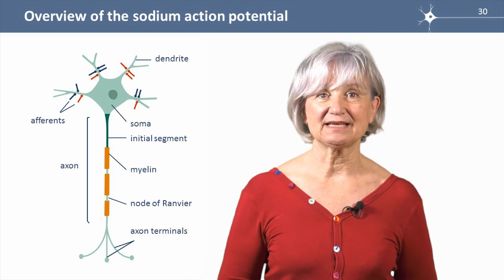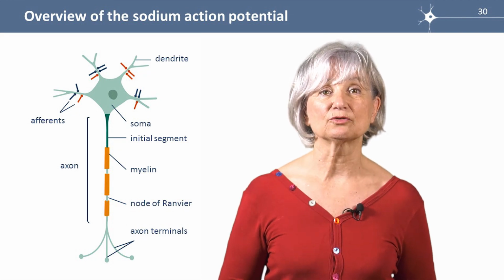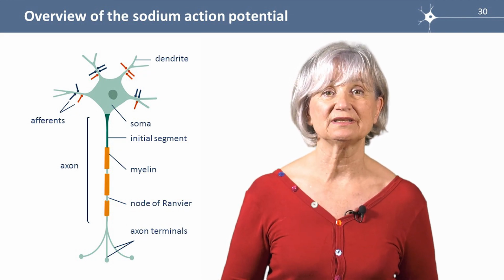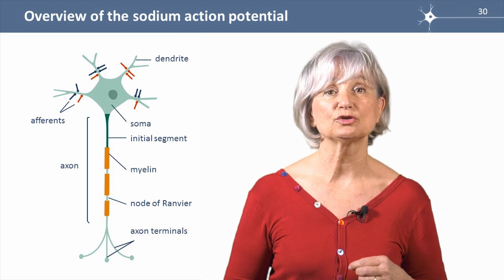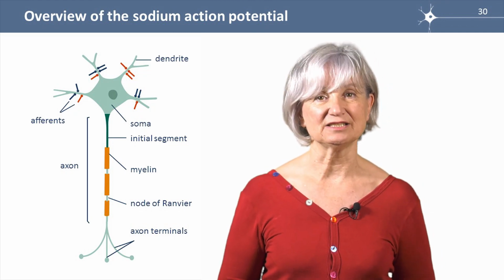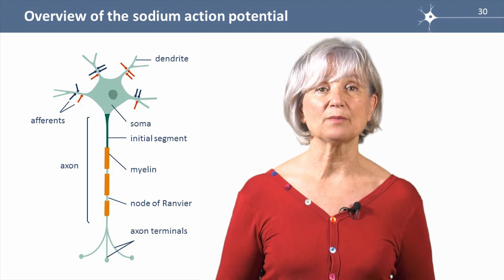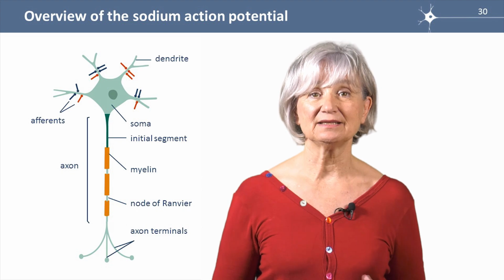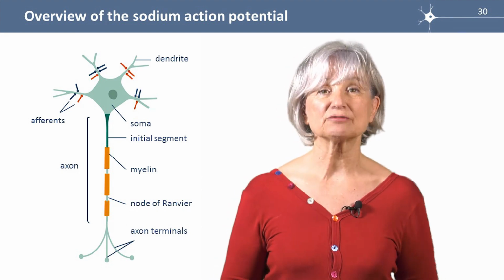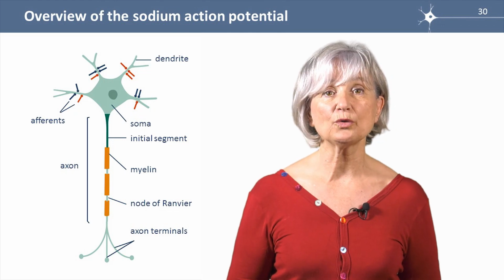It propagates in the axon and not in the dendrites, because in the great majority of neurons, dendrites have almost no sodium channels. So once started in the initial segment, the action potential will propagate to the soma and stop there.